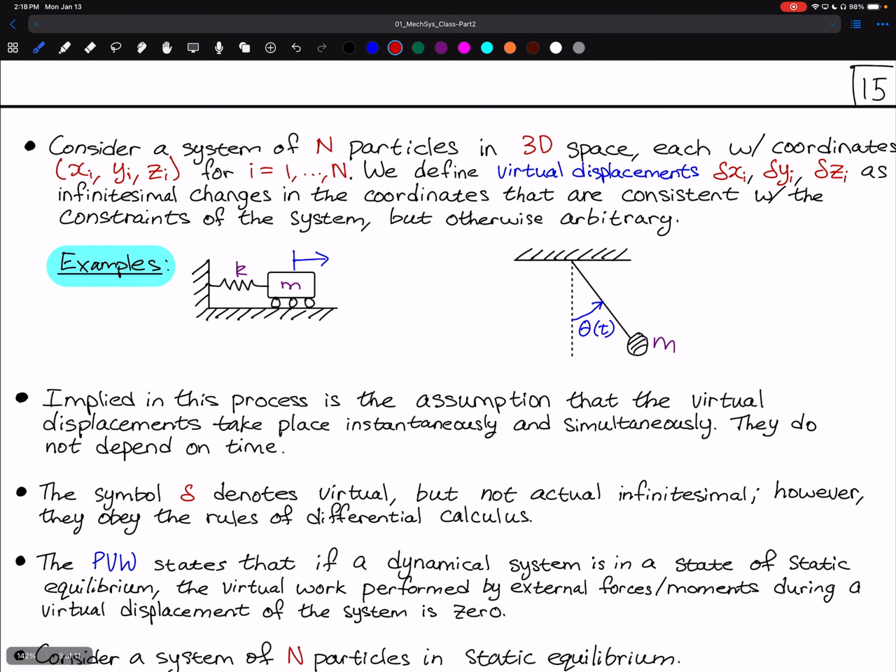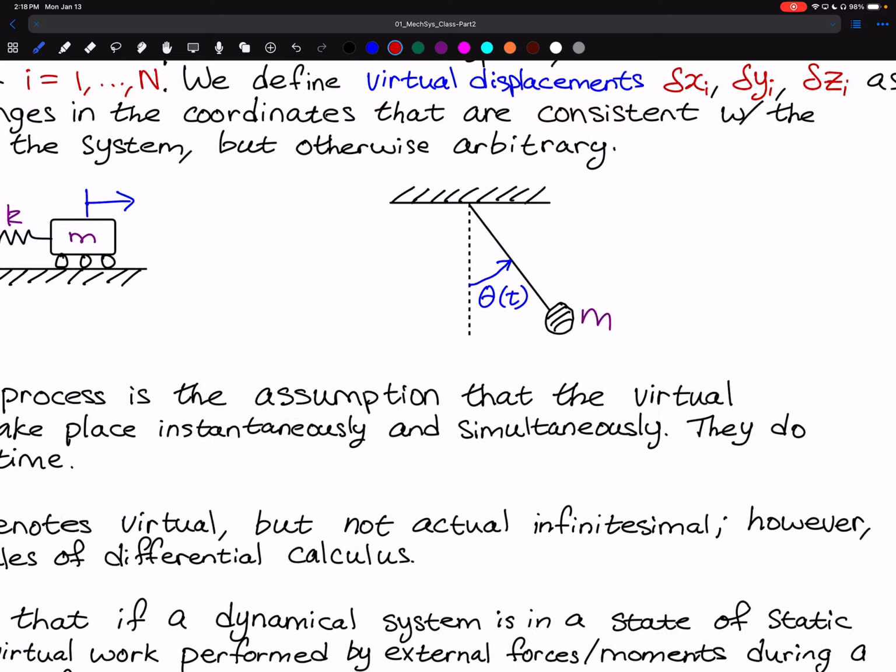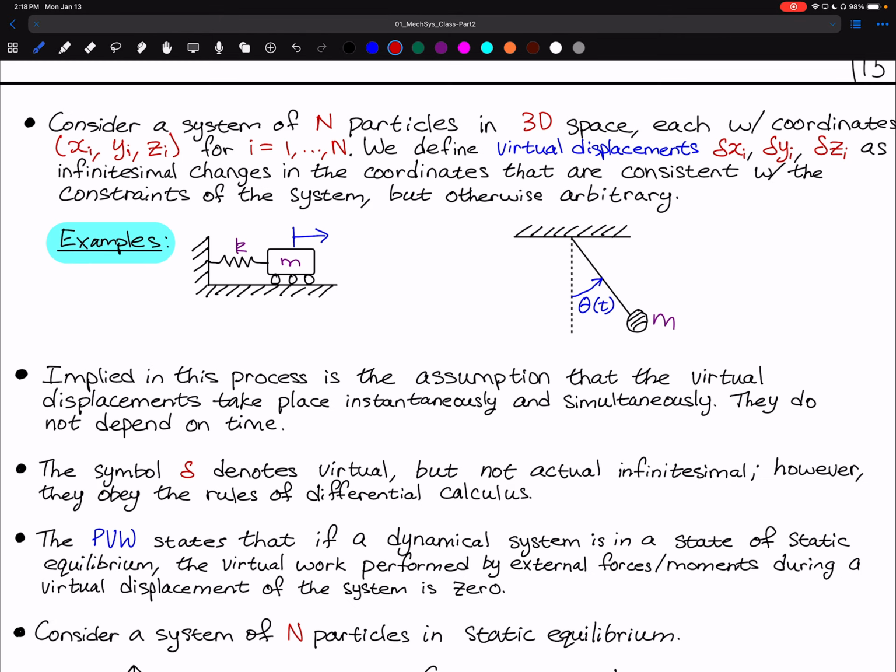All right, so we're going to consider here a system of n particles in 3D space, each with coordinates xi, yi, and zi for i equals 1 up to n. We're going to define what we call virtual displacements, which are instantaneously infinitesimal changes in the displacement or position of each particle.